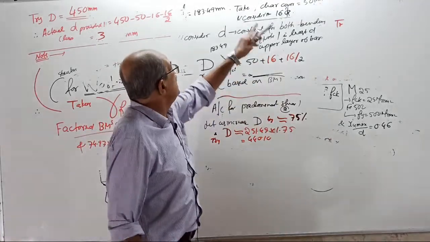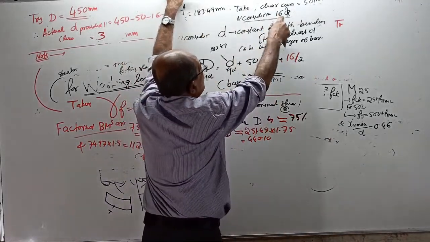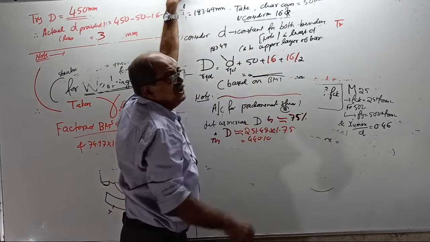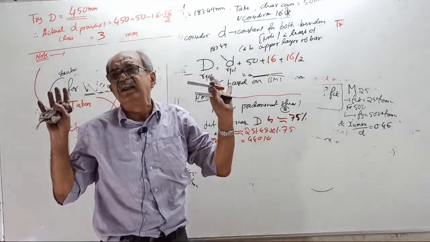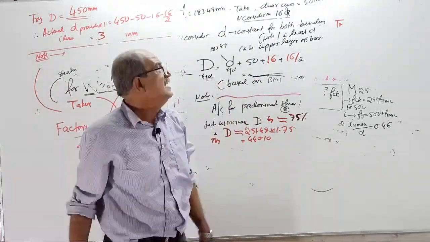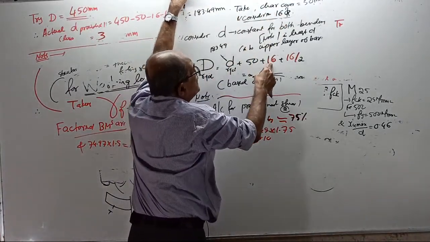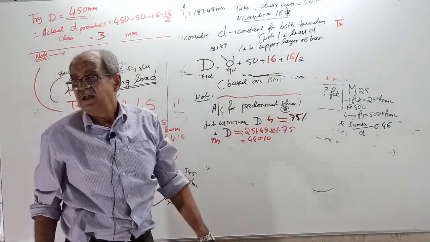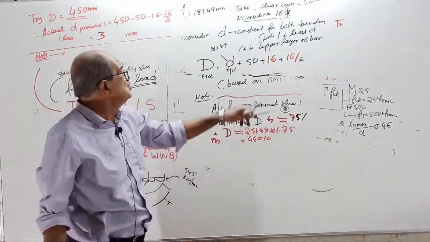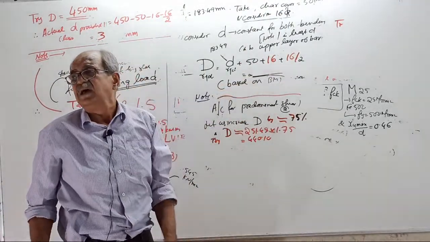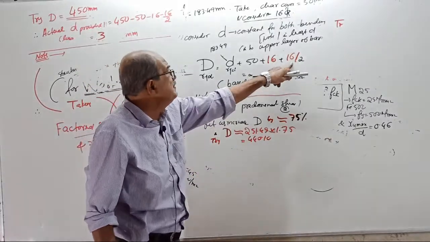But I told you safer side take 16. By mistake, I took 12. That means you are not interested. You are not correctly understanding. If you are understanding correctly, you should have told me. Your mistake. That is called involvement. If I make a print mistake, you should correct it. This is called a print mistake.